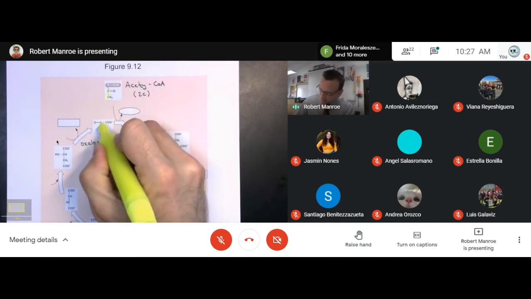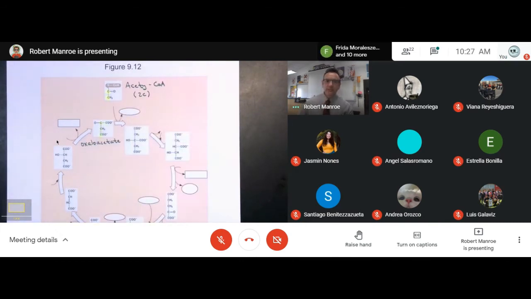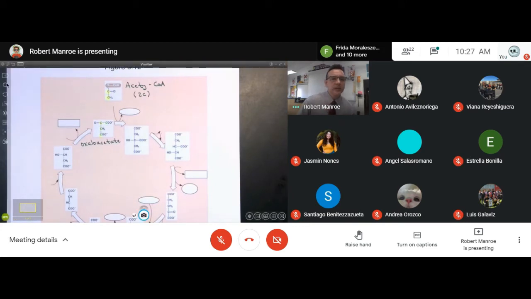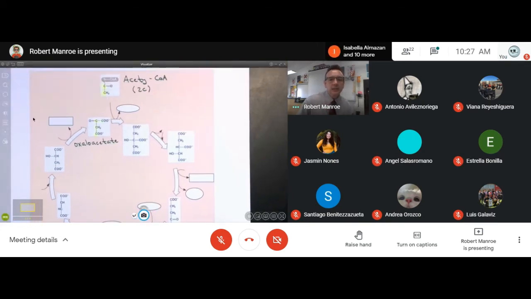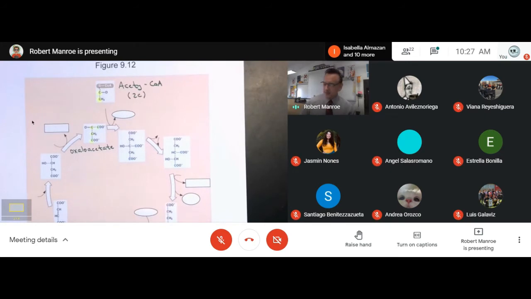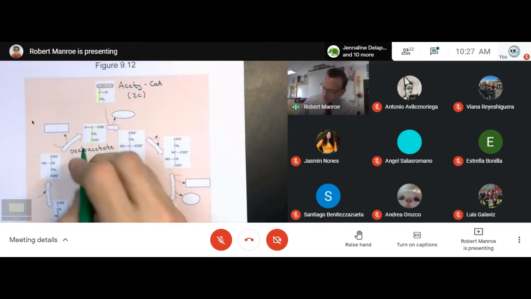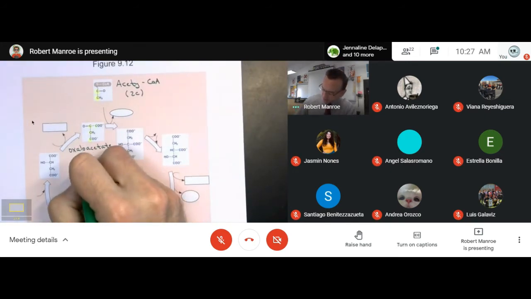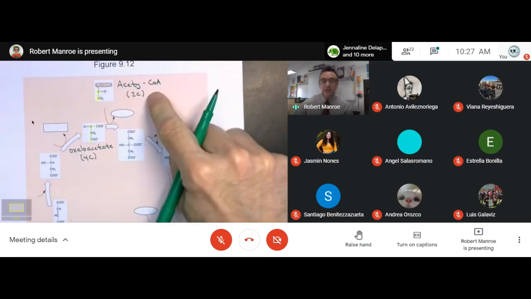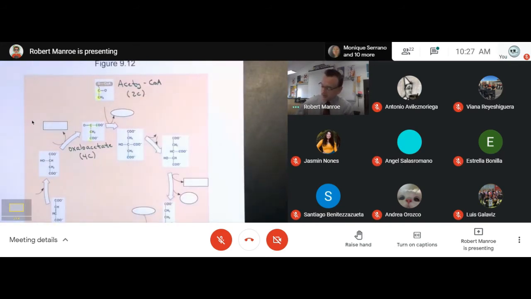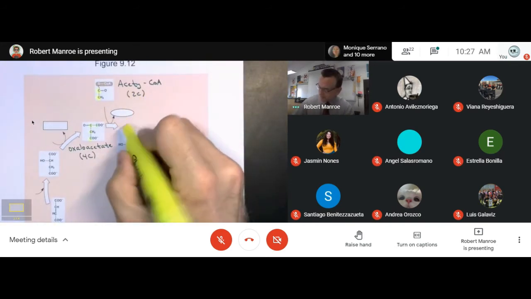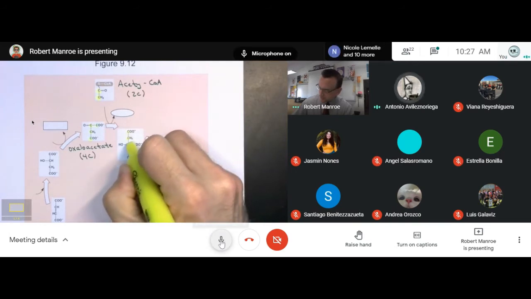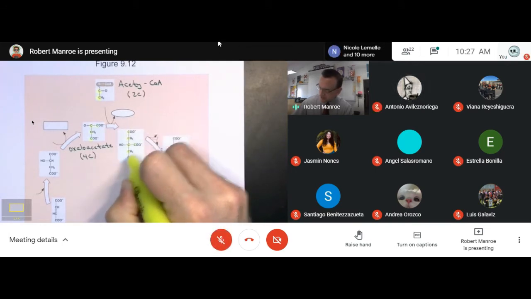1, 2, 3, 4. Oh, make it a little bit bigger. Just like that. Oxaloacetate. So you have 4 carbons here. So a 4-carbon compound is bonded to a 2-carbon compound, giving you, what's 4 plus 2? 6. Look at you guys, you're IB.